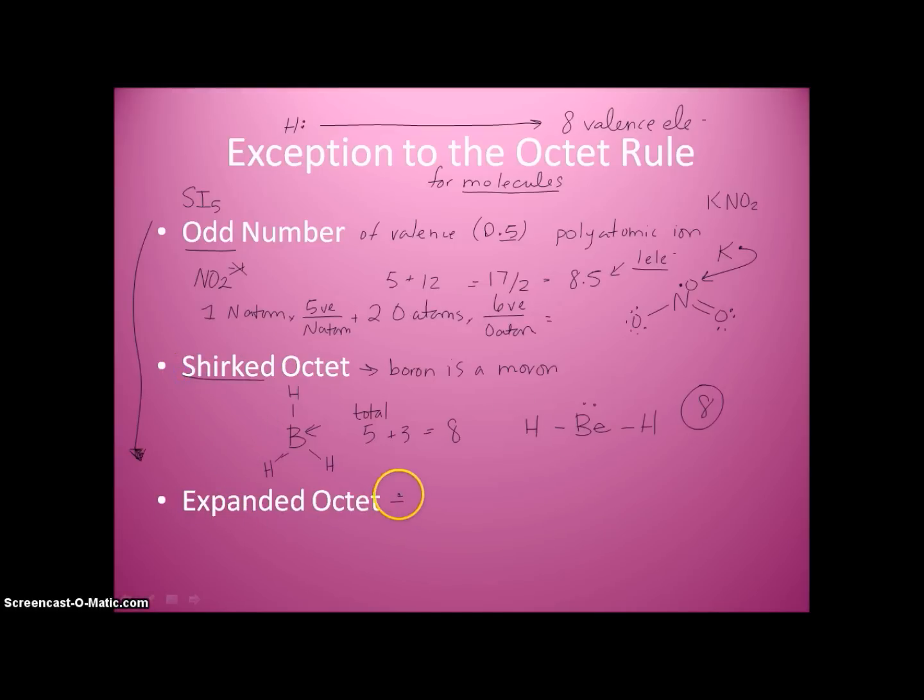And then obviously our expanded octets are going to be our trigonal bipyramidals and our octahedral. And this literally is that the central atom can just hold a lot more valence electrons, or a lot more electrons than it should. And you really see this when you start getting into bigger atoms.